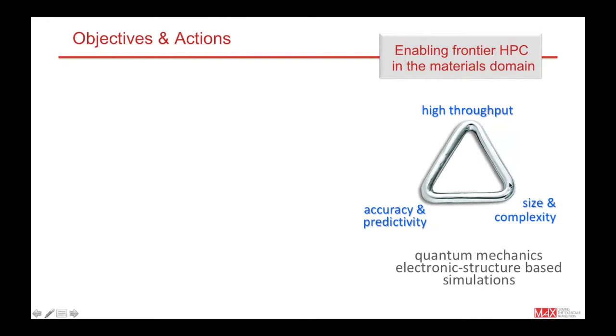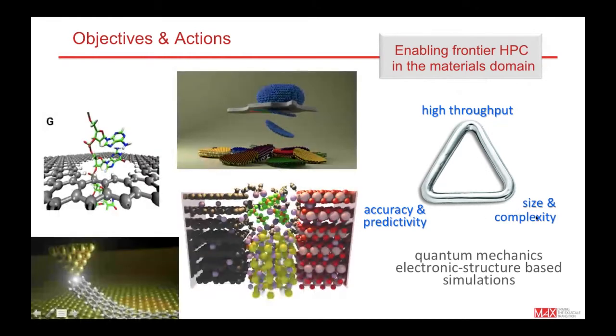And so we foresee three main drivers where we can exploit these machines. One surely is increasing the size and complexity of the systems we want to study, so put more details in, also meaning larger systems.